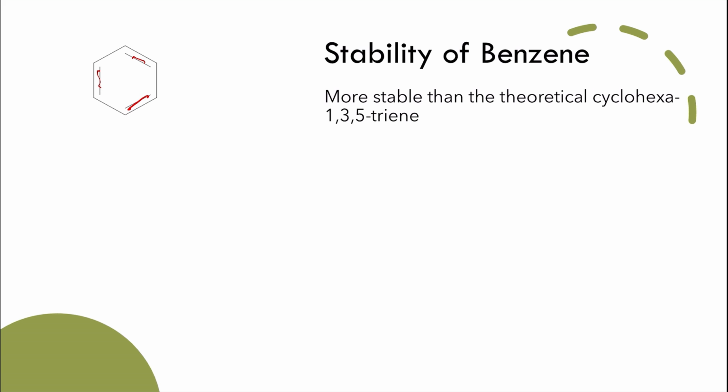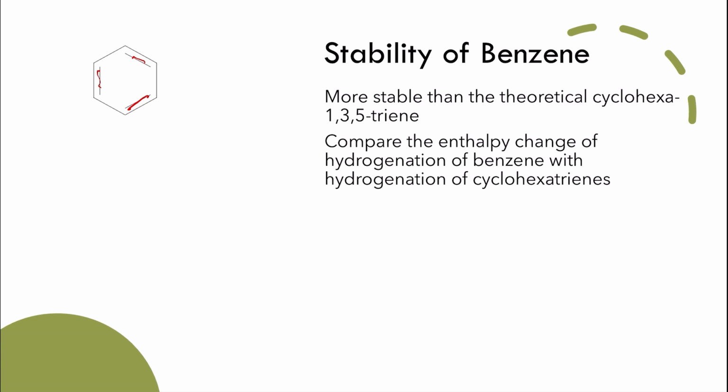So this is a theoretical hexatriene compound. So to compare the stability of benzene with cyclohexatriene, you can compare the enthalpy change of hydrogenation of benzene with the enthalpy of hydrogenation of the cyclohexatriene.